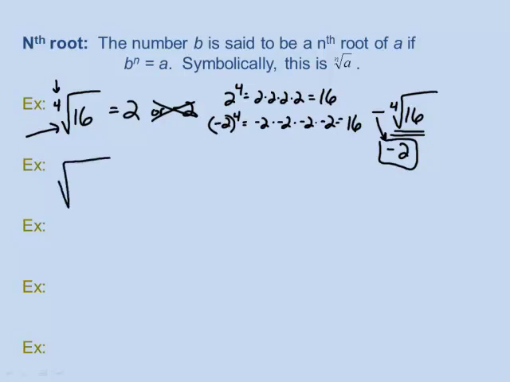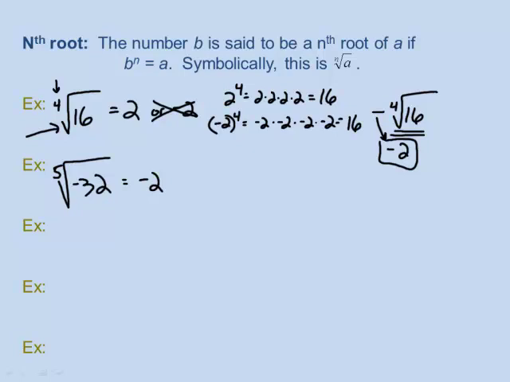Okay, let's look at the 5th root of -32. Is there a number multiplied by itself 5 times or raised to the 5th power that will give us negative 32? And the answer is yes.